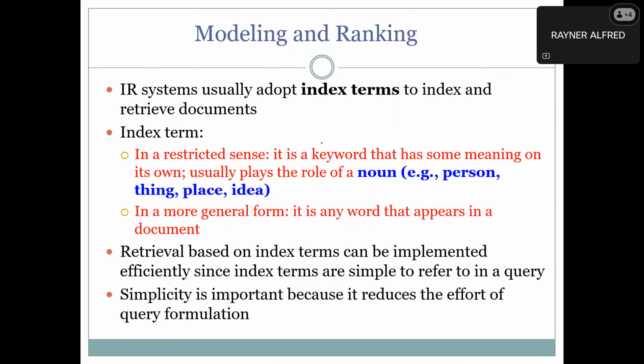So in earlier work, they used index terms to represent, index and retrieve the document. Based on the index term, they will retrieve the document. This keyword is produced based on the person name, the concept, the place or the idea.